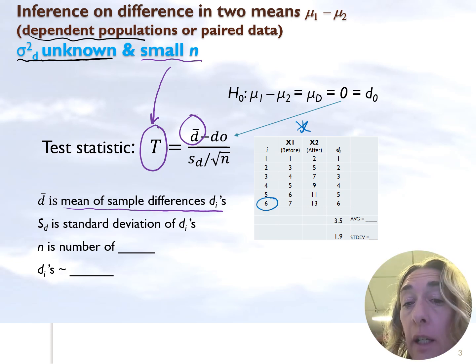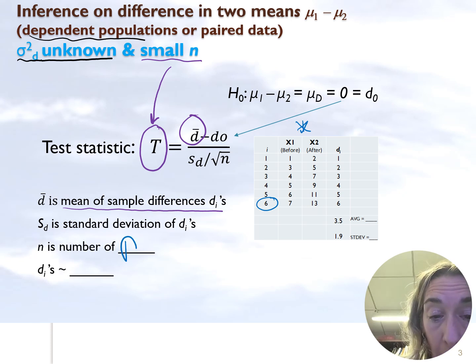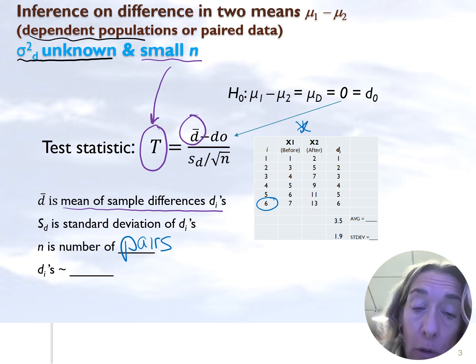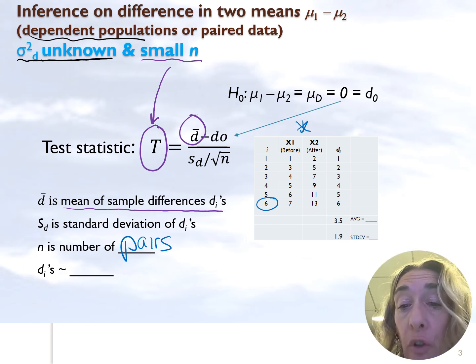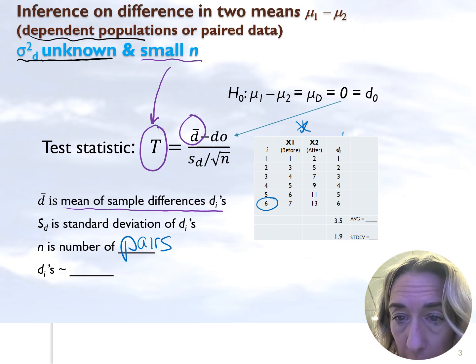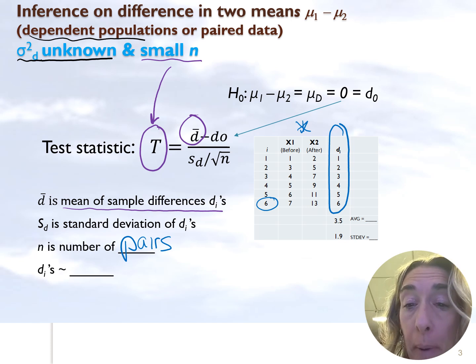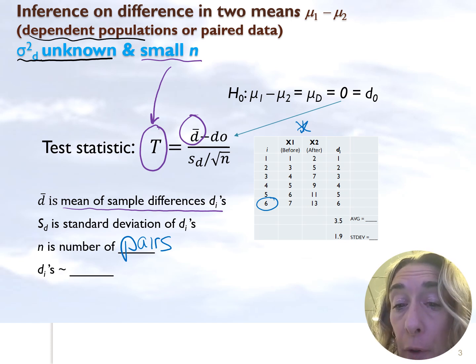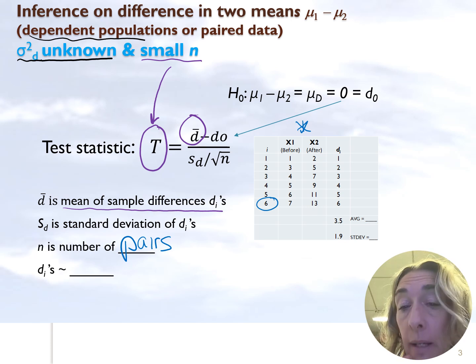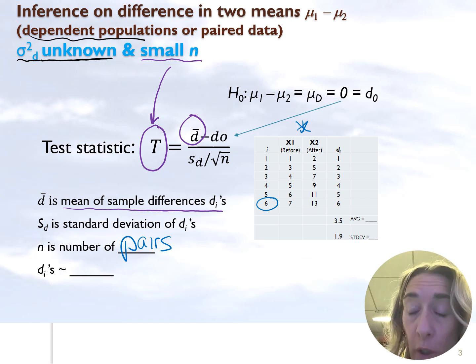So n in general represents the number of pairs that you have. In this case, our n is 6. Each before and after measurement is recorded. In this case, X1 represents the before, X2 the after. The individual D sub i's, or differences, are calculated by taking either X1 minus X2 or X2 minus X1. It doesn't matter in which order you do it.